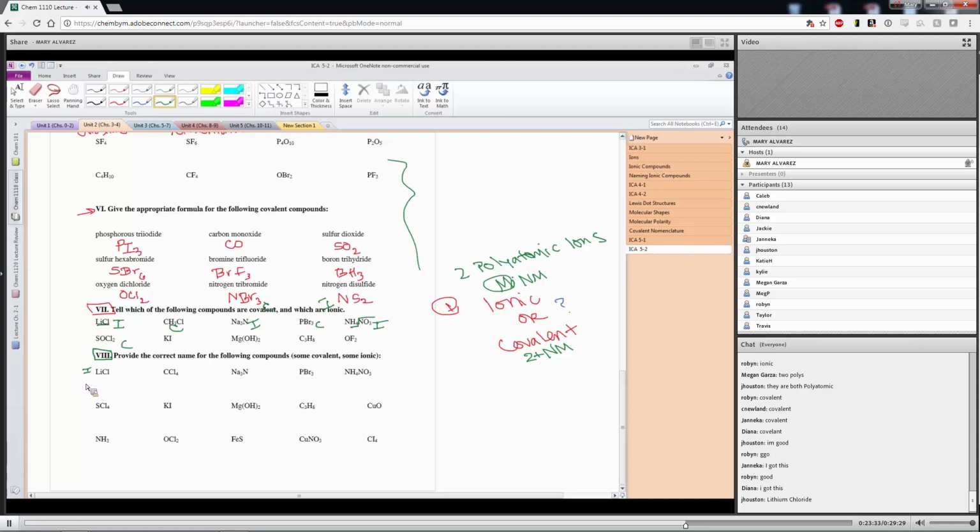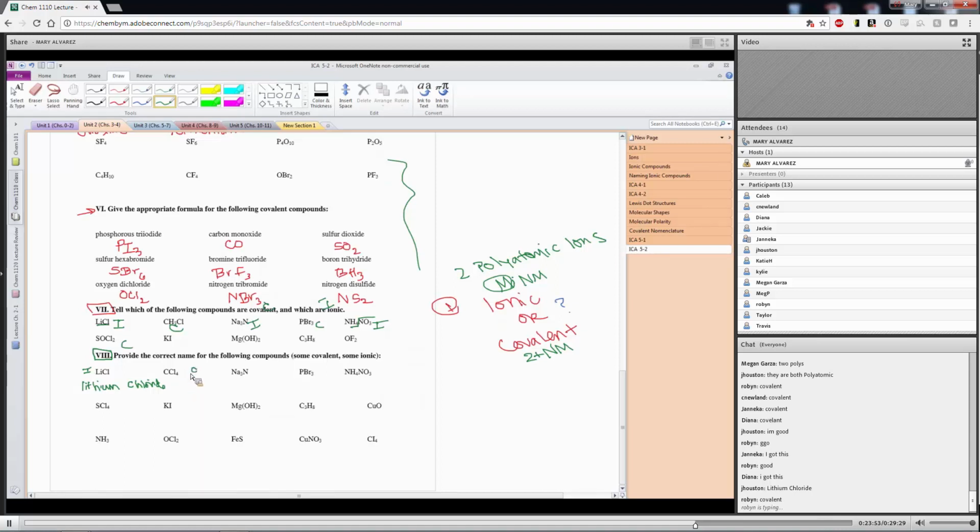Lithium chloride. Perfect. These are both main group, so it's just the name of the cation and the name of the anion with an -ide. Okay, CCl4, ionic or covalent? Covalent.